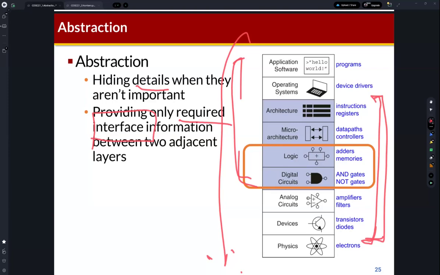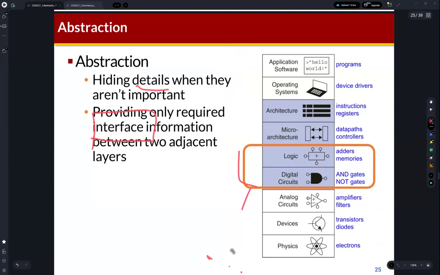This is because this part is very complex, and it's very, very difficult. Okay. So we just focus on certain layers of a computer system.